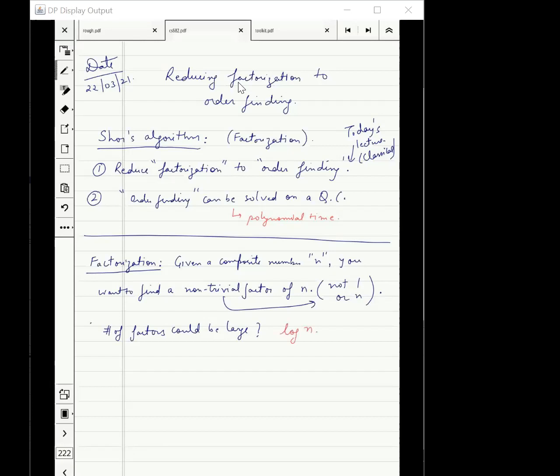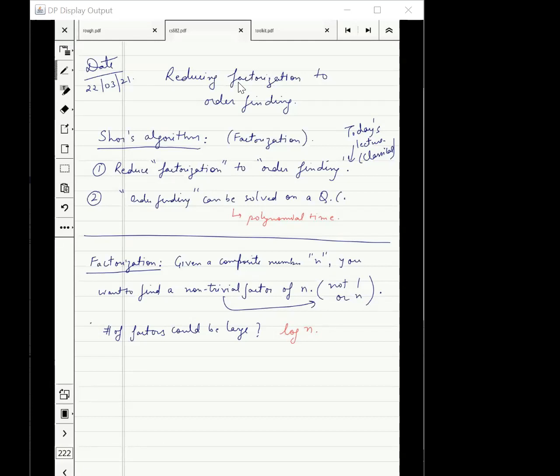Why? Because the prime factorization will have primes which are at least 2. Every factor is at least 2, so if I have k factors, then my number will be at least 2 to the power k. This shows that the number of factors is at most log n. That means to find the complete decomposition, I have to run this algorithm at most log n times, and that's not expensive.